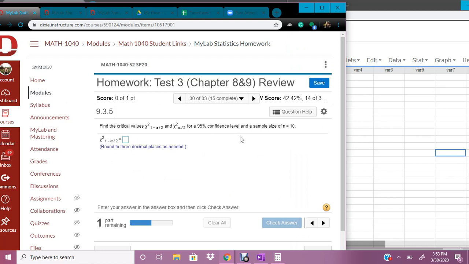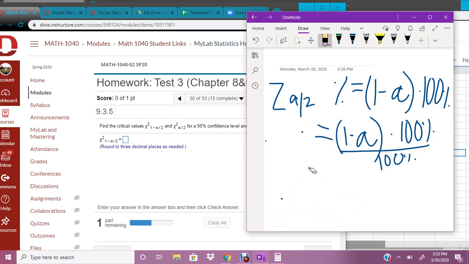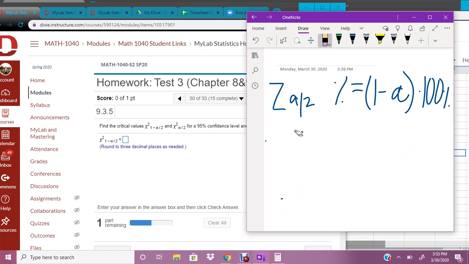Now we're doing question 30 of the test review. And this is going to be using a chi-square calculator because it's this x one. And so we're going to do the same thing as we did here, except for now, this is going to be our x.